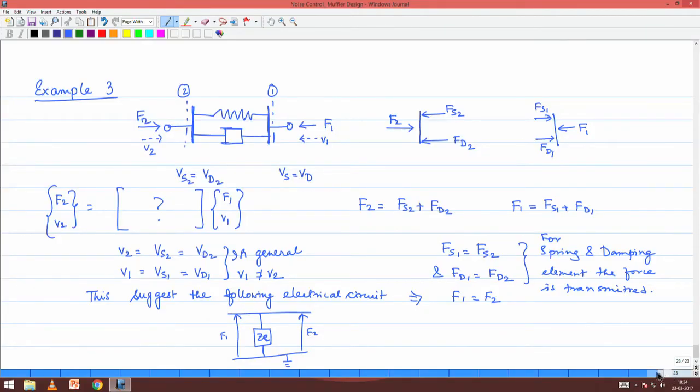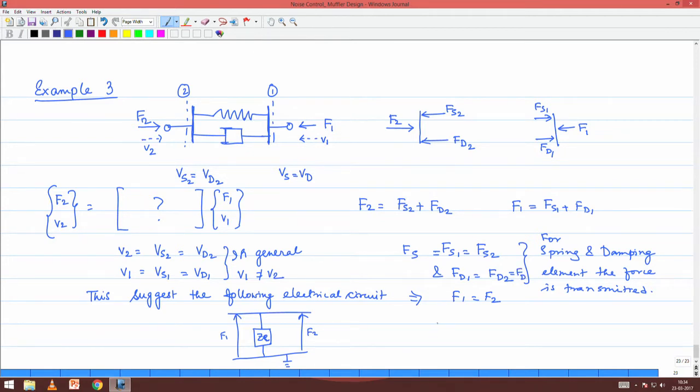So, towards that end we realize that Fs2, or simply Fs, because Fs1 is equal to Fs2, we could as well say Fs1 is equal to Fs2 is equal to Fs and Fd1 is equal to Fd2 is equal to Fd.